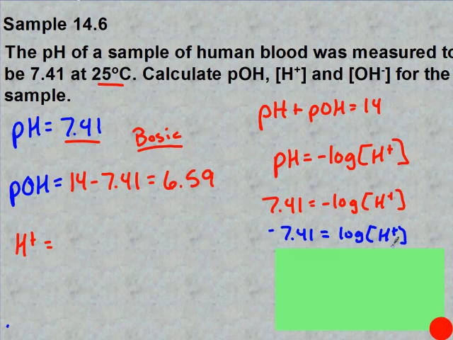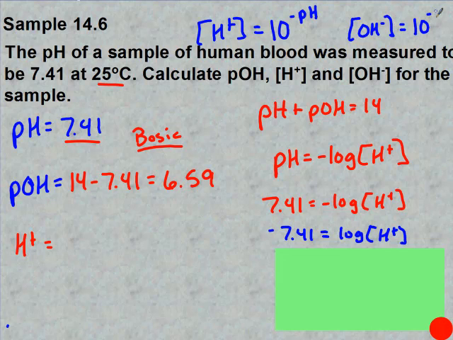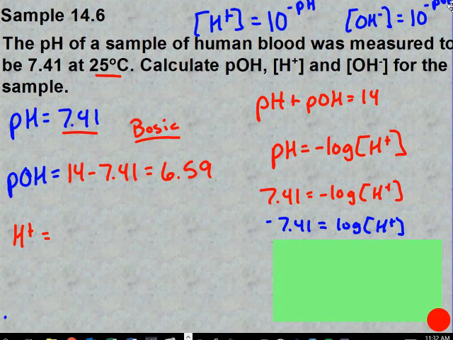So an easy way to remember that is if you're looking for concentration of H, it's 10 to the negative pH. Or if I was looking for OH, it'd be 10 to the negative pOH. So 10 to the negative 7.41 is going to give me 3.89 times 10 to the negative 8.